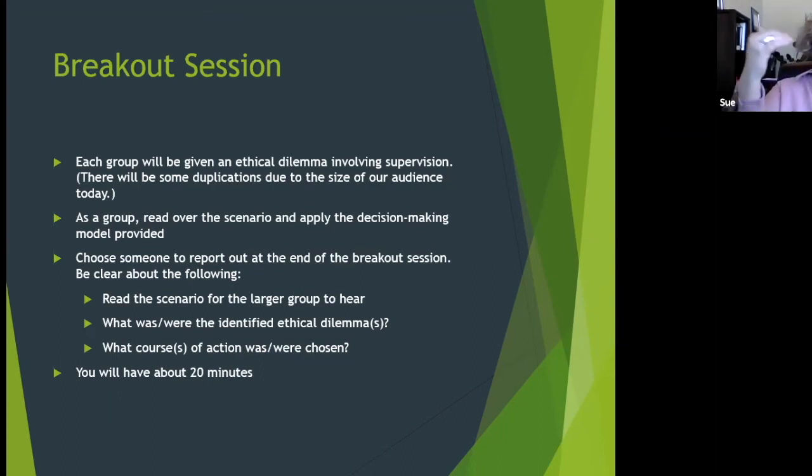So be thinking about following those steps, loosely for the purpose of this, so you're at least thinking about how you would utilize a decision-making model to come up with a course of action. We'll see how this goes. Let me go ahead and read out the scenarios.